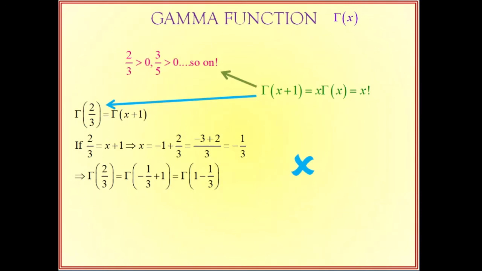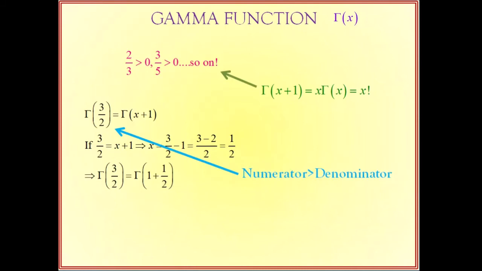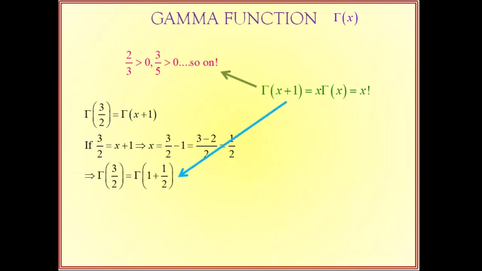Actually, there is a condition to apply it, and this is that the numerator must not be smaller than the denominator. So we will not use the gamma function for 3 upon 5 also. This means that if we take gamma 3 upon 2, in which the numerator is greater than the denominator, then we will end up with gamma 1 plus 1 upon 2.